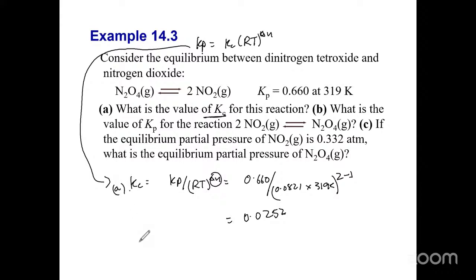Okay? Now the B part is asking, what is the value of KP for the reaction? And it gives this equation here. So when you compare this equation to the first equation, what do you observe? It's flipped, right? So what would be the new KP? I'm going to call that KP prime.